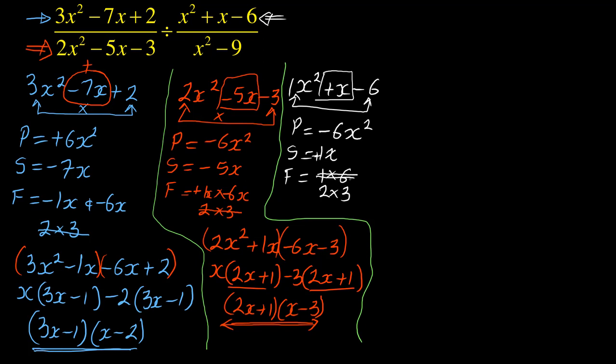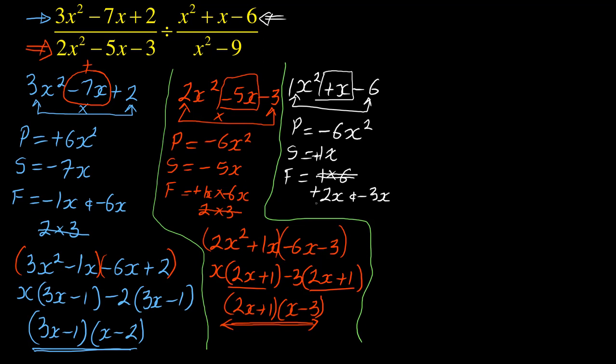So this time it is off. It is 2 and 3 which can give me a positive 1. To get a positive 1, the bigger number, which is 3, must be positive and the 2 must be negative. So I can rewrite these factors as positive 2x and negative 3x.